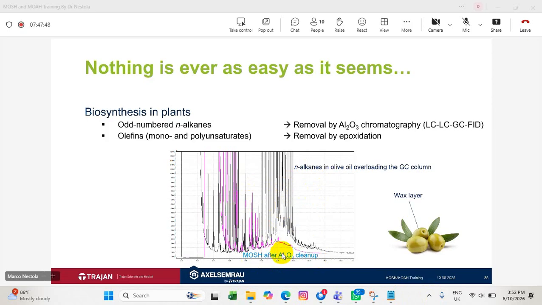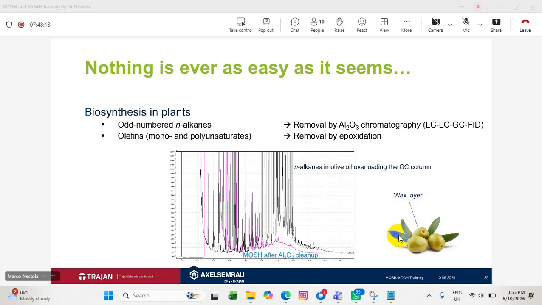Just for the ones interested in why N-alkanes are built by a plant. For olive, that's a nice example. Other plants are doing the same. The N-alkanes are on top of the fruit, and they are synthesized by the plant for humidity control. You can imagine when a plant is in a rainy situation, you do not want to have all the water inside the fruit.